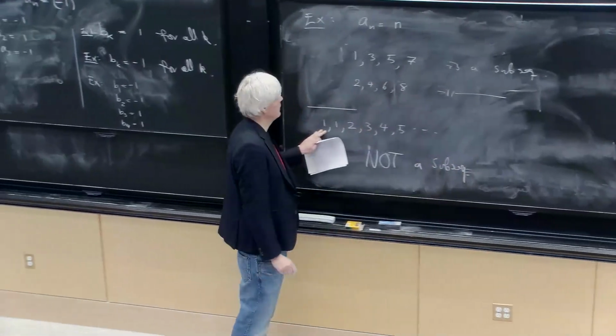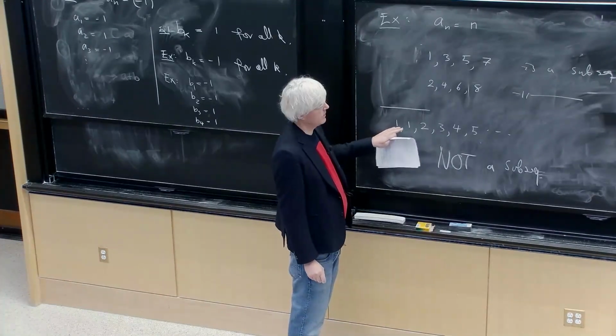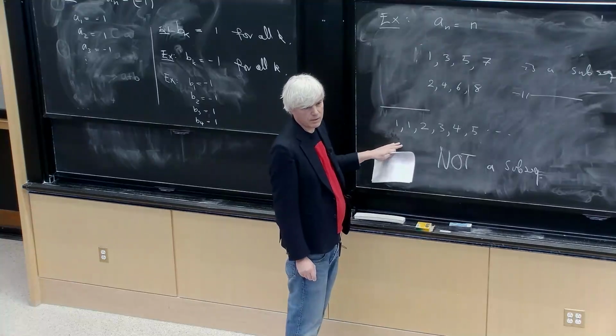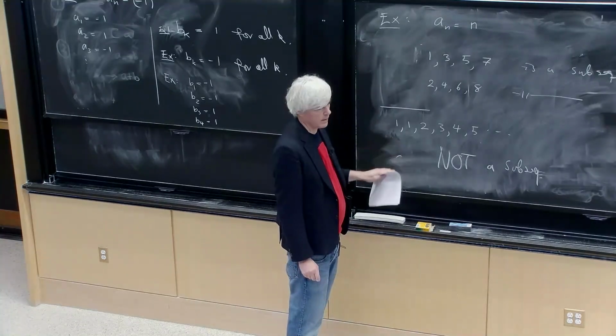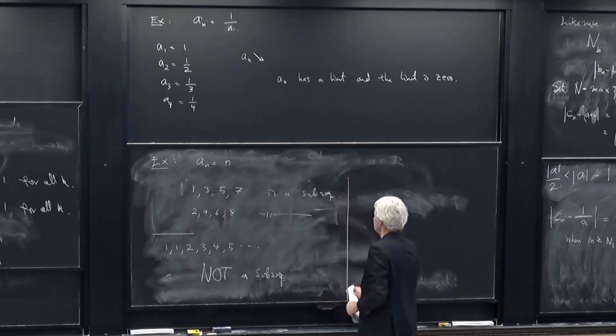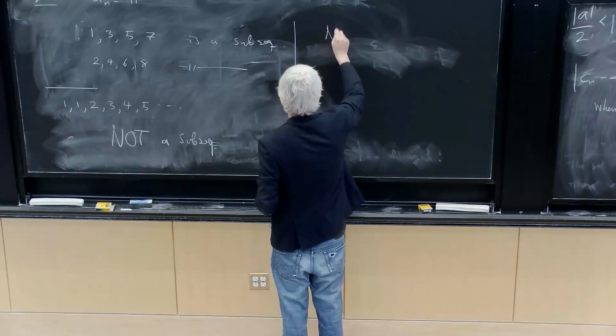Because what you have done here is that you have taken the same number several times, and the value doesn't appear several times in the original one. So that's not allowed. It's also not allowed to do something like this. This here is also not a subsequence.